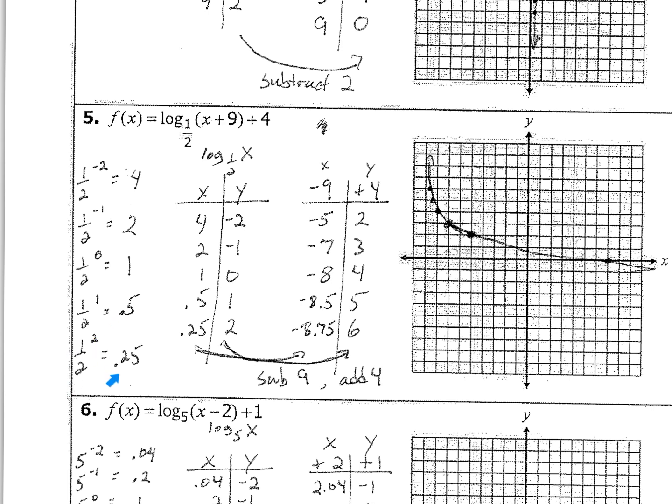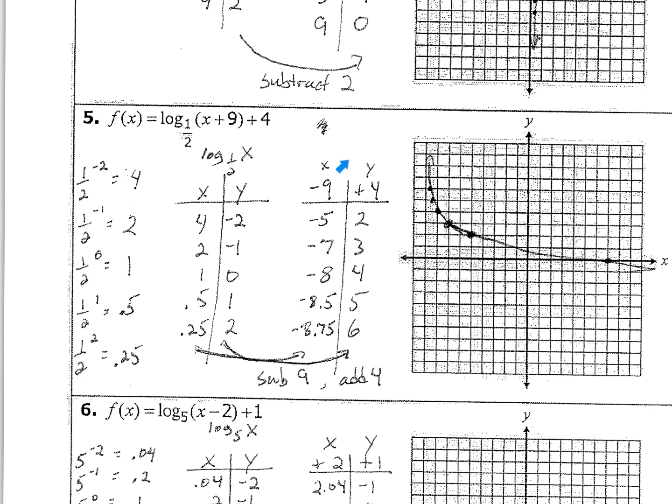And 1/2 squared is a quarter, 0.25. So I would write those down as a table: x values 4, 2, 1, 0.5, 0.25 and y values -2, -1, 0, 1, 2, okay? And that's my table, but that table just represents log base 1/2 of x.